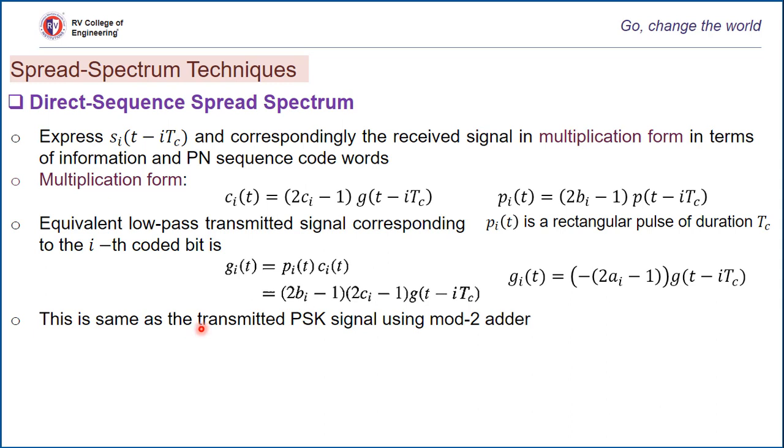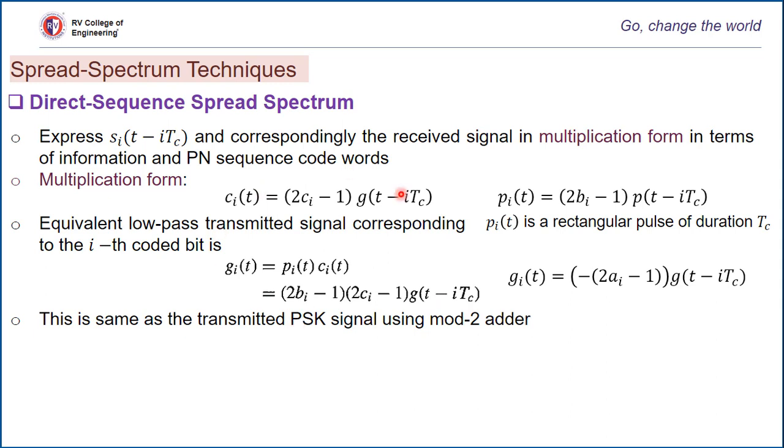Although in our case modulo 2 addition is equivalent to the multiplication form, we will mostly be using the multiplication form with respect to the demodulation part, which makes it easy to multiply and take out the unnecessary information.